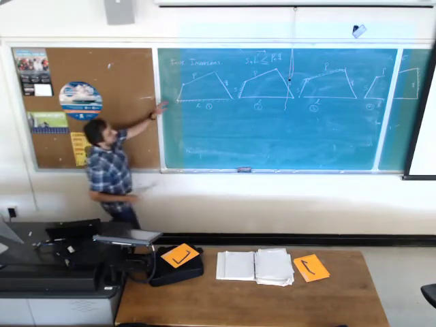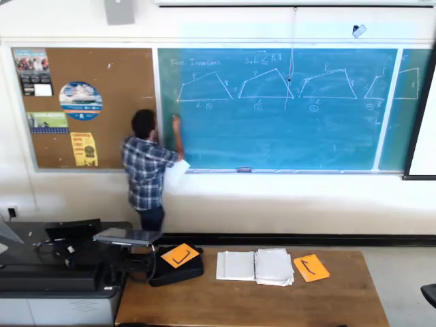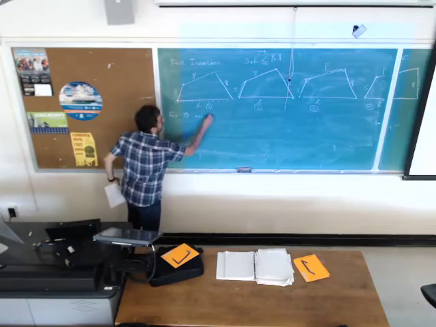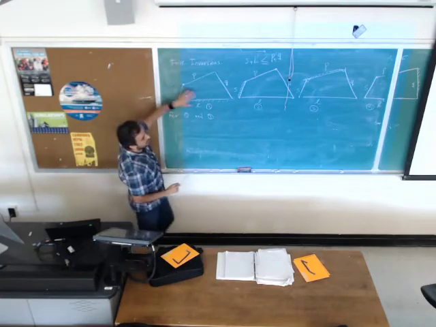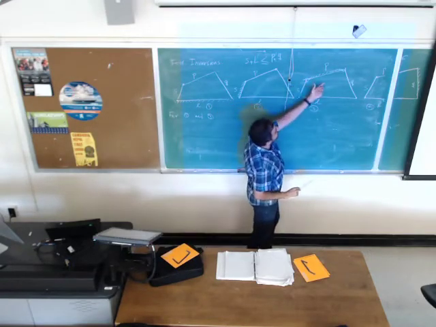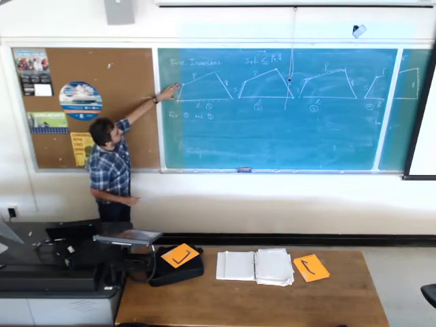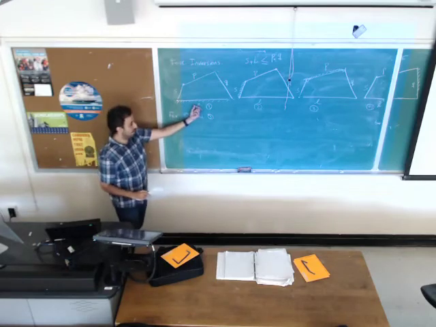So I can see that for 1 and 3, the shortest link is adjacent to the ground. Here in the first inversion, the shortest link is adjacent to the ground, which is the longest link.